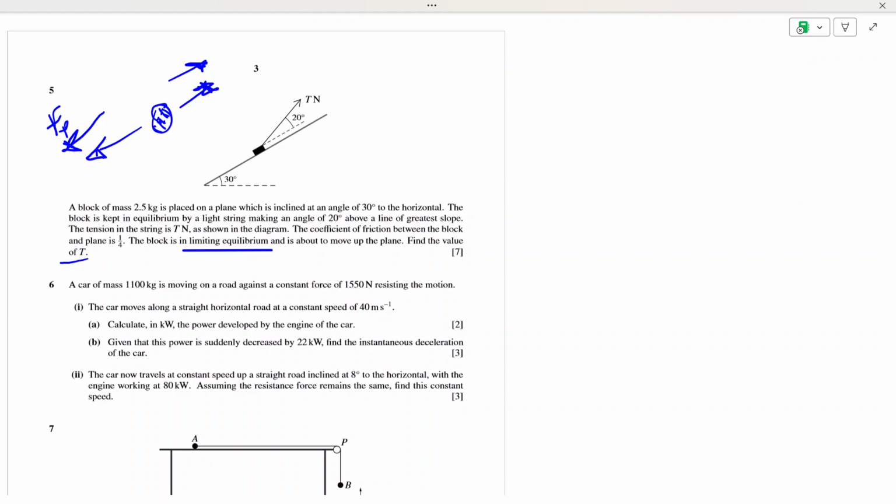The fact that it's in limiting equilibrium and is about to move up the plane will help you determine the direction in which the frictional force is acting. Since friction opposes motion, and the block is about to move up, friction is going to oppose that motion, which means it's going to act downwards. So I'm going to draw my diagram, and then resolve each and every force whilst you watch.